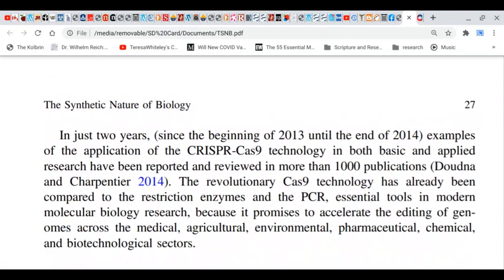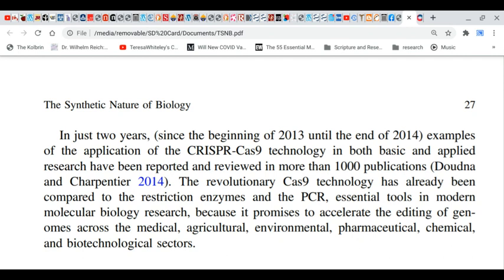In just 2 years, from the beginning of 2013 until the end of 2014, examples of the application of the CRISPR-Cas9 technology in both basic and applied research have been reported and reviewed in more than 1,000 publications.